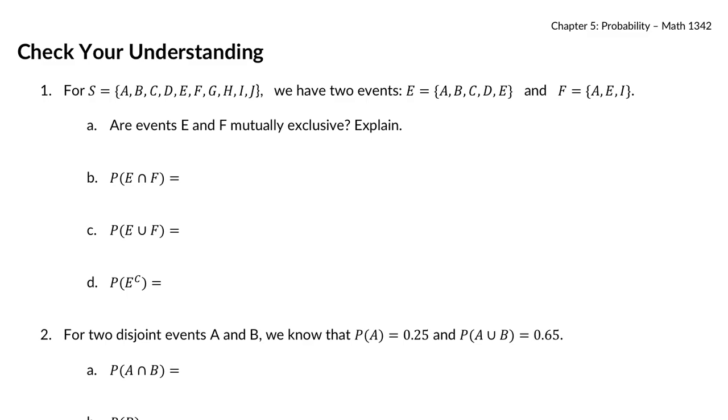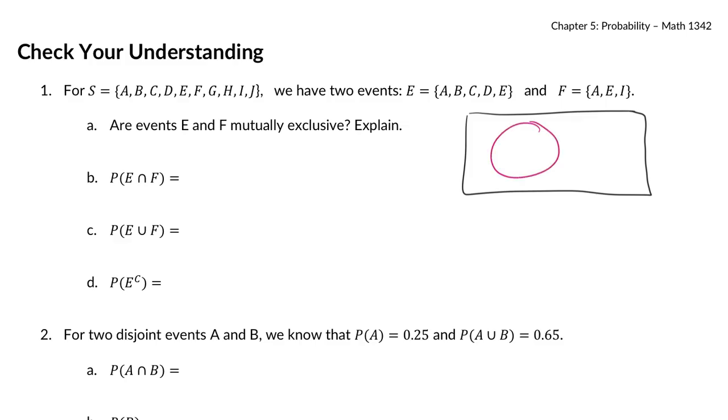Okay, so we start with the rectangle that represents the entire universe here, the entire sample space. We will have E, we will have F. Okay, inside of the E circle, I need to make sure the letters A, B, C, D, and E are represented. And then inside of the F circle, I need A, E, and I represented.